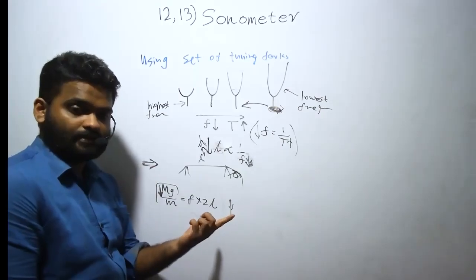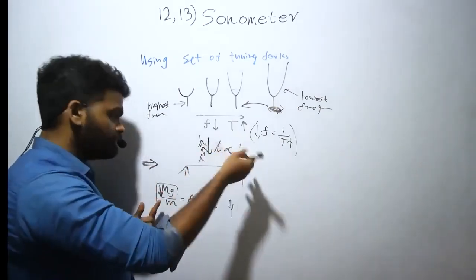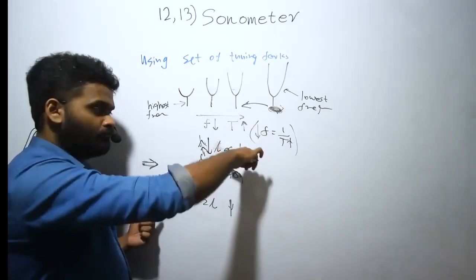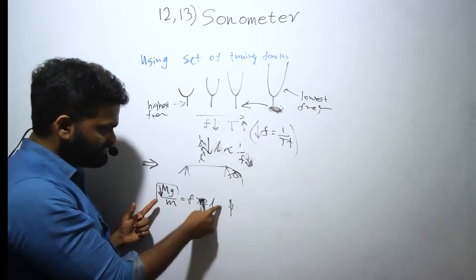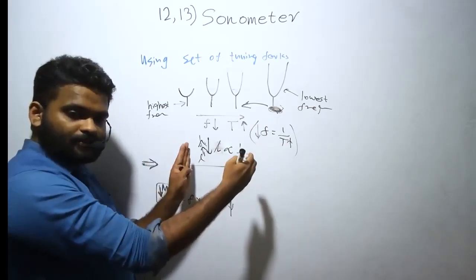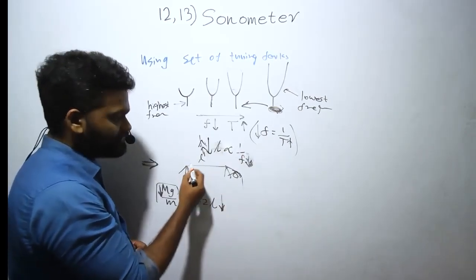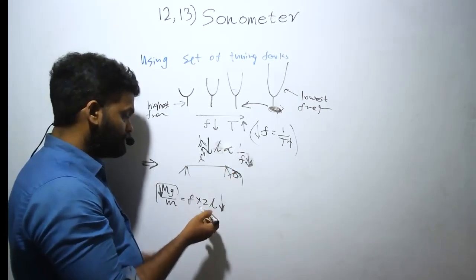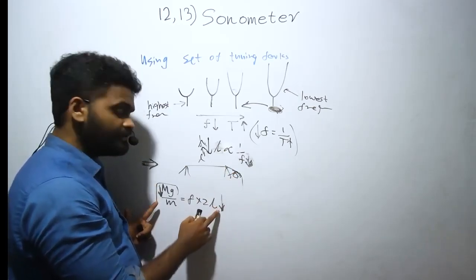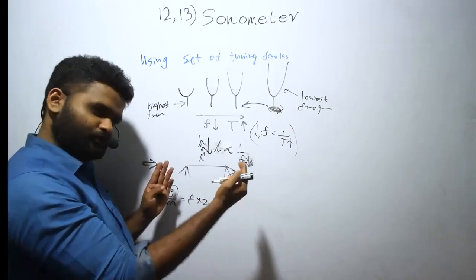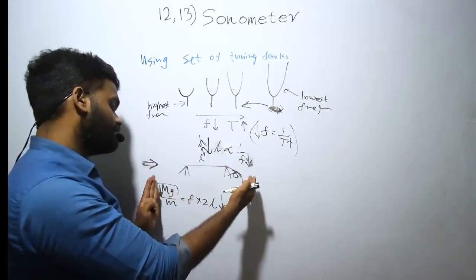If the length is not enough, you have to remove weights from the pan and make sure this length value will be sufficient. If this is like 1 meter, you have to make sure by decreasing this, you get 1 meter for this resonating length. It should actually be less than 1 meter, because at the edges, we are not doing that.